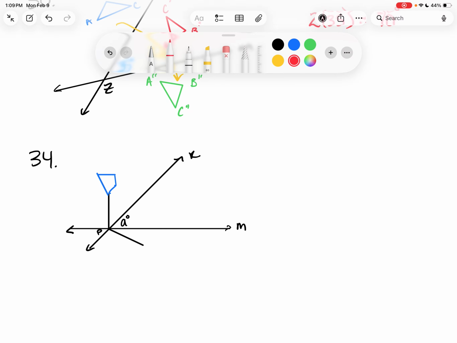Hopefully you can already see why you don't have to copy this. This is another one where you need the not drawn to scale thing, you know.